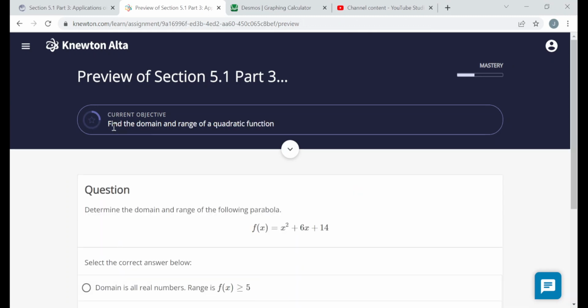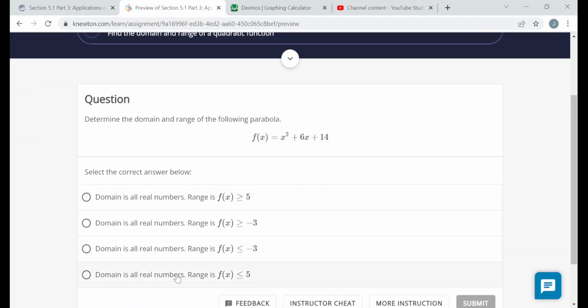Alright, so now we're back to defining the domain and range. Remember, the domain's all real numbers for these. You can plug in whatever you want for x. It's the range that we need to worry about. So again, I just need to know the vertex and whether or not the parabola is opening up or down. So I'll write this one out again.